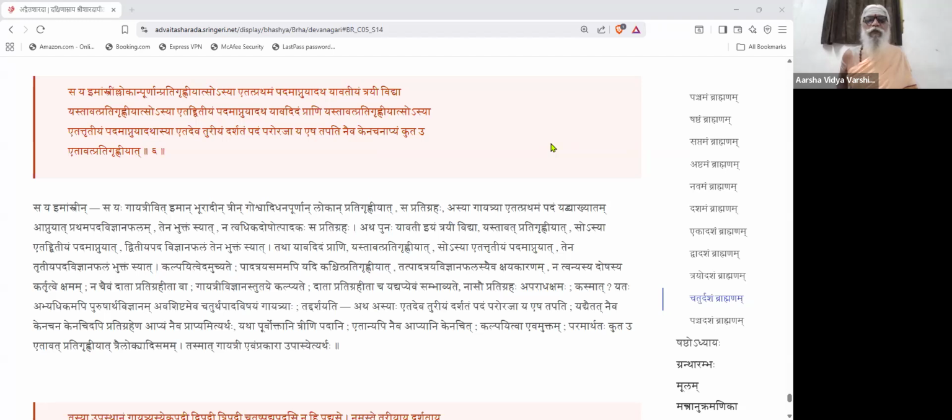Let us say. Then what? Even then what? Asyaha etat prathamam padam apnuyat. Asyaha means here Gayatriyaha, because that is in the context, under discussion. So this Gayatri Upasaka and the Gayatri Upasana, whatever you have done, that is the Prathama Pada Vijnana Phalam.